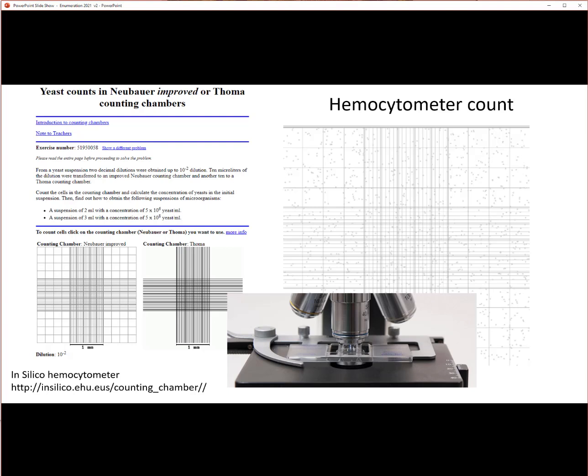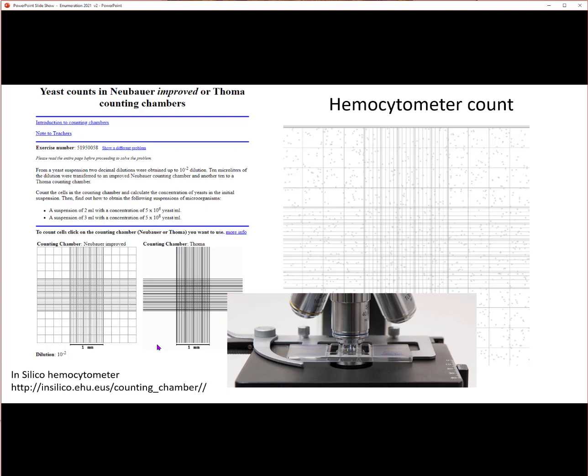And it has been more sophisticated and improved, and today we mainly use the Neubauer hemocytometer, that is a glass slide, a thick glass slide that has etched different squares and patterns on it. So if you count a certain area, that gives you a certain volume of cells, and that allows you to calculate the numbers of cells per ml.